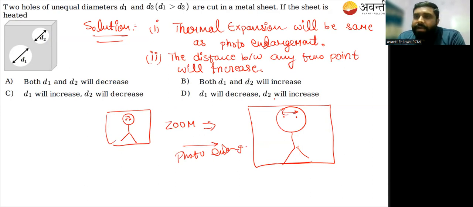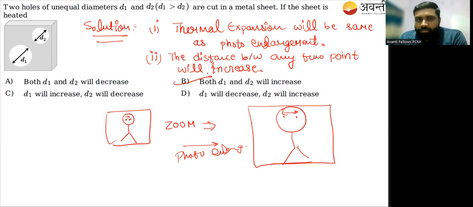The same thing will be happening for thermal expansion. Thermal expansion is the same as photographic enlargement. So the distance between any two points will increase, which means this separation will also increase. Hence, D1 will increase, and the same goes for D2, which means both D1 and D2 will increase.